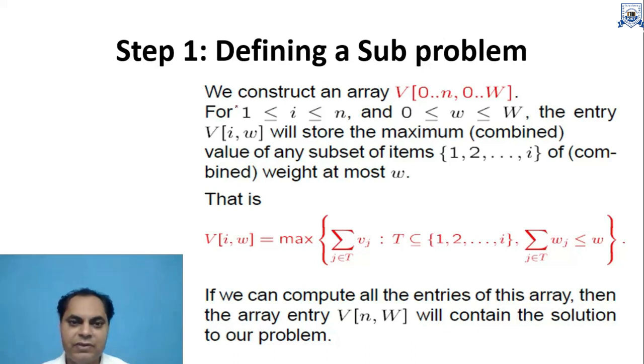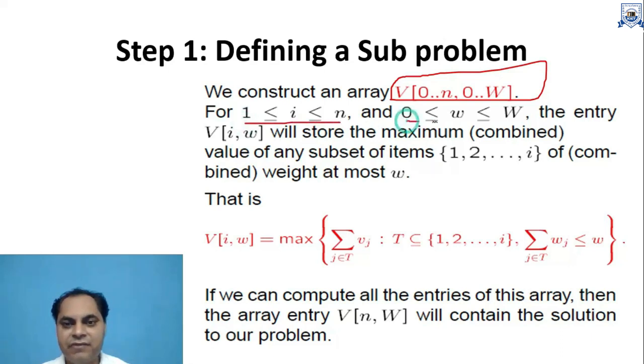For that purpose, let's say we construct an array V, which is a 2-dimensional array, or table, of size n plus 1 by W plus 1, or if n and W are sufficiently large, then n times W. Now for i between 1 and n, and w between 0 and W, the entry V[i,w] will store the maximum combined value of any subset of items 1 to i with combined weight at most w.